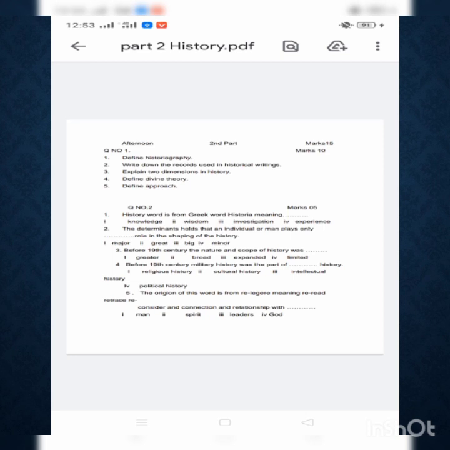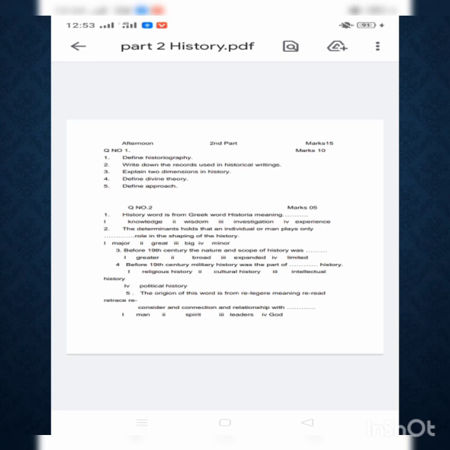Third one: before the 19th century the nature and scope of history was dash. And fourth one is: before the 19th century military history was the part of dash history. And fifth one is: the origin of this word is from religere meaning reread, retrace and read dash, and connection and relationship with the dash.